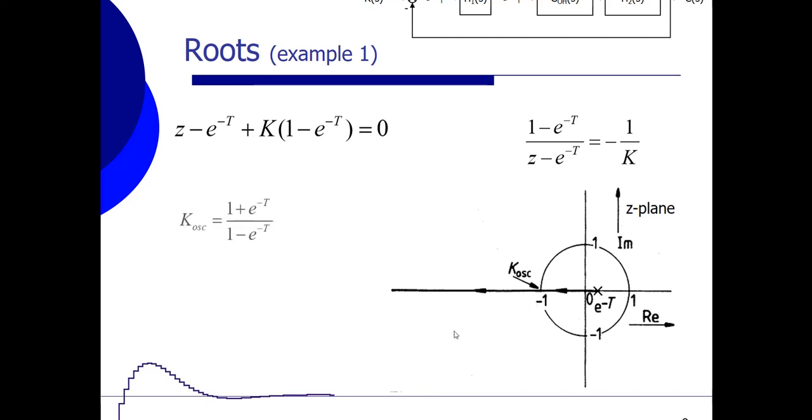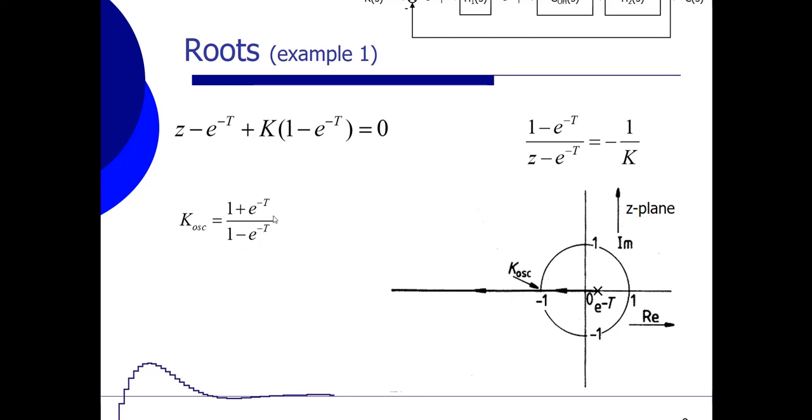In that case, we can also calculate the oscillation value of k, of my proportional part, by substituting -1 for z over here. So we substitute -1 in this expression, and then we get the value of k at which this system starts to oscillate, which in this situation is (1 + e^-T) divided by (1 - e^-T).